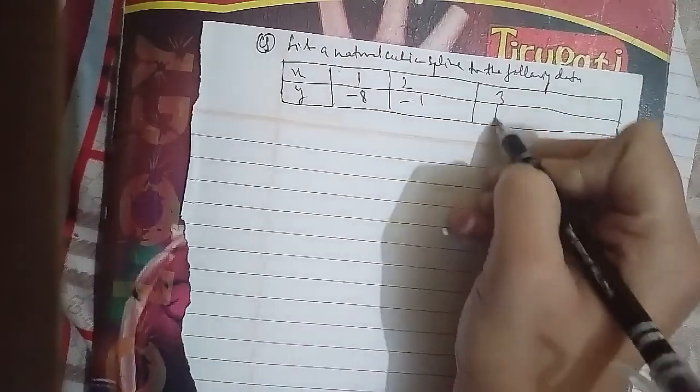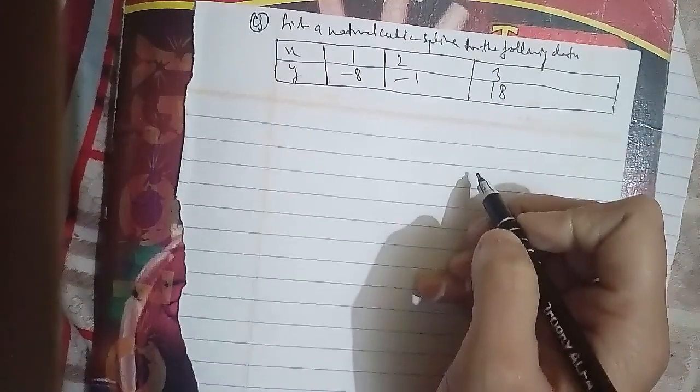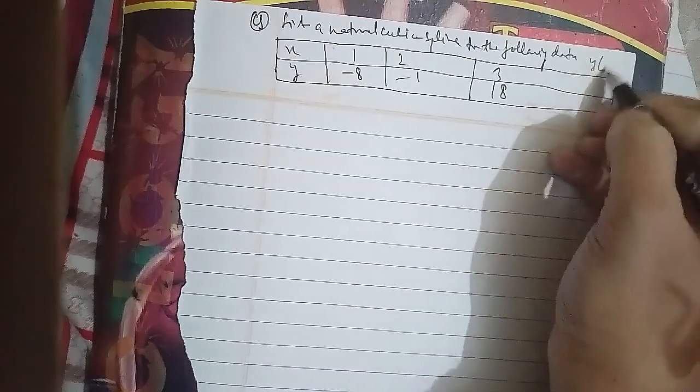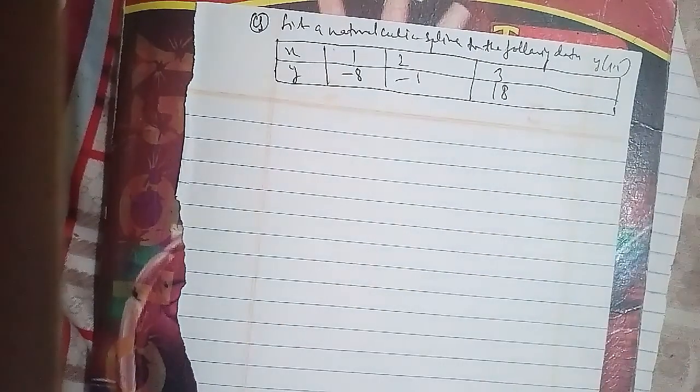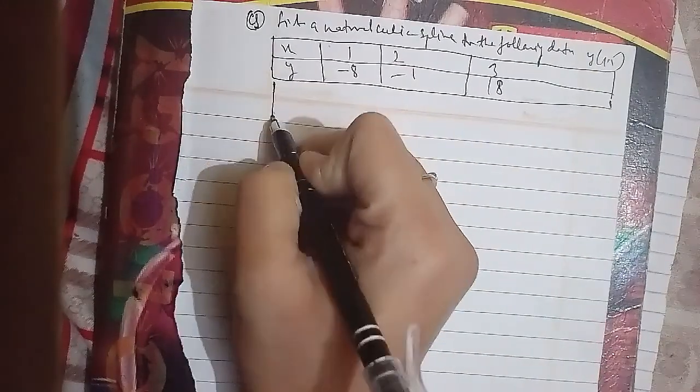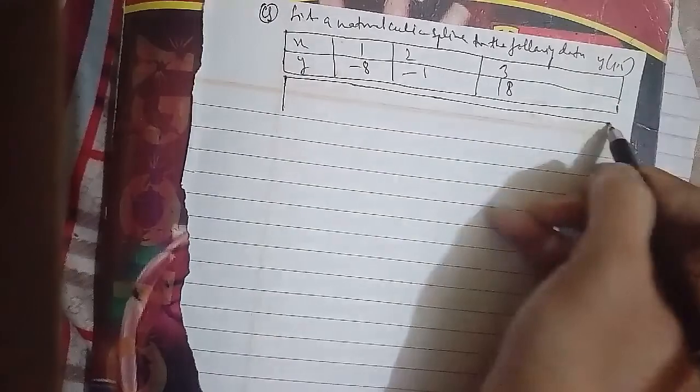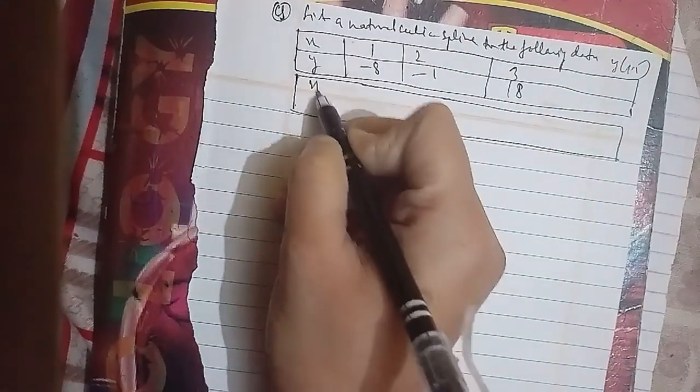So you have to compute y at 1.5. We go ahead for the same. Let's rewrite the table here, xi and yi equals f(xi).